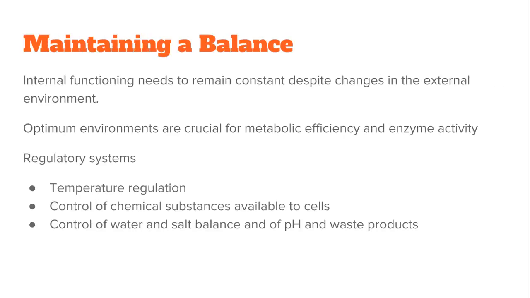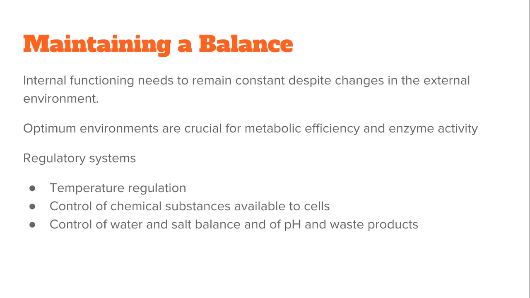For our organisms to function correctly, the internal environment needs to remain constant despite all the changes that are happening in the external environment. So whether that's temperature, pH, or different amounts of chemicals, we're making sure that the internal environment remains within a constant range so that the functioning can occur how it needs to.